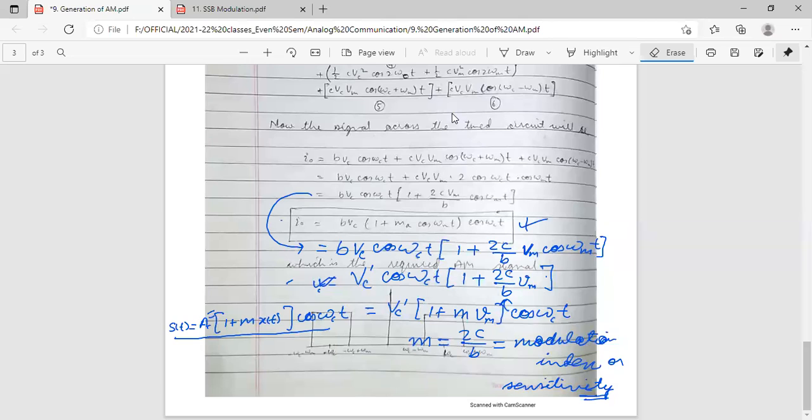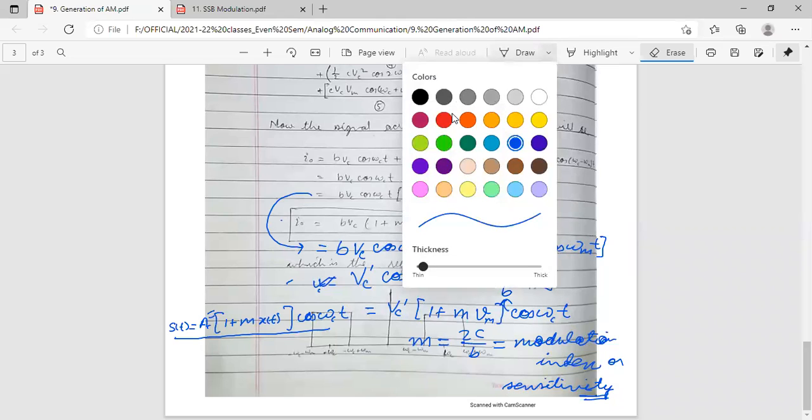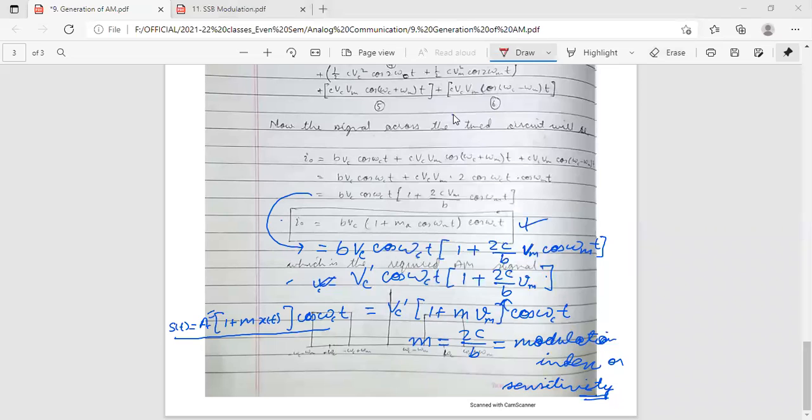So the picture here, whatever is drawn, let me change the color of this. What does this picture represent?